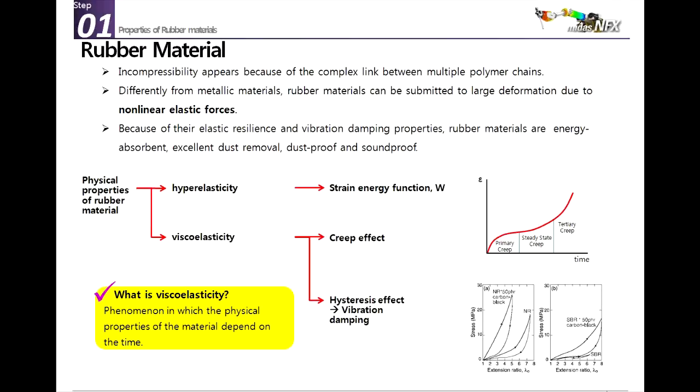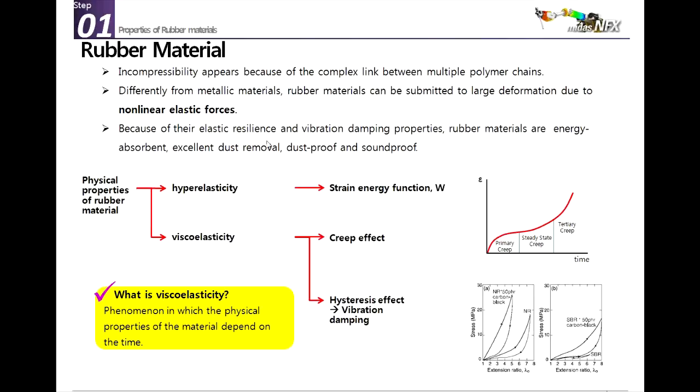So in rubber material you have an incompressibility which appears because of the complex link between, let's say, the polymers inside the rubber, and they are different from metallic materials because rubber material can be subjected to large deformation, but they will always come back to the initial shape, so it's a kind of nonlinear elasticity.